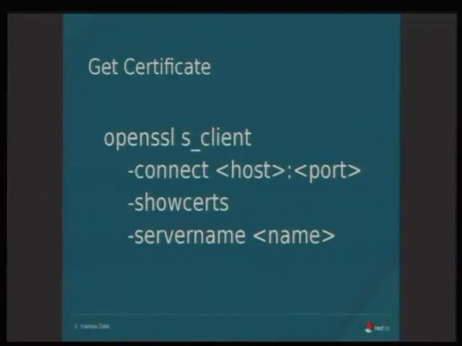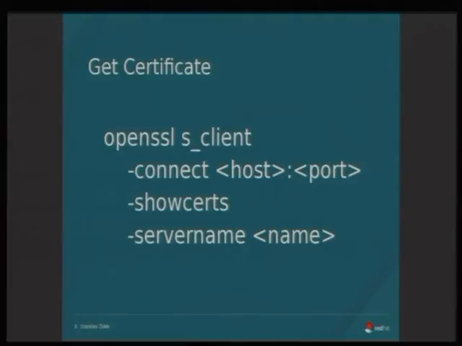Let's first retrieve the certificates that the server serves us, and we can do that quite easily with the OpenSSL command, which has a lot of useful subcommands, some of them used for debugging. For example here, s_client is like a TLS client that can help you debug something.